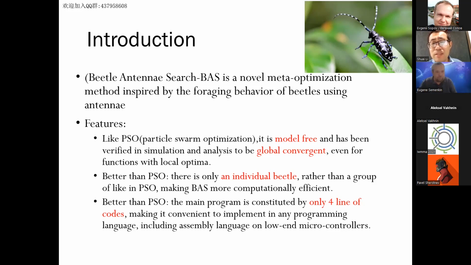Therefore, the computational burden or the implementation overhead of this beetle antenna search algorithm is super low. You can even deploy this algorithm on any kind of computer, including a microcontroller, or even use analog devices to construct a very simple circuit to do very fast model-free optimization.